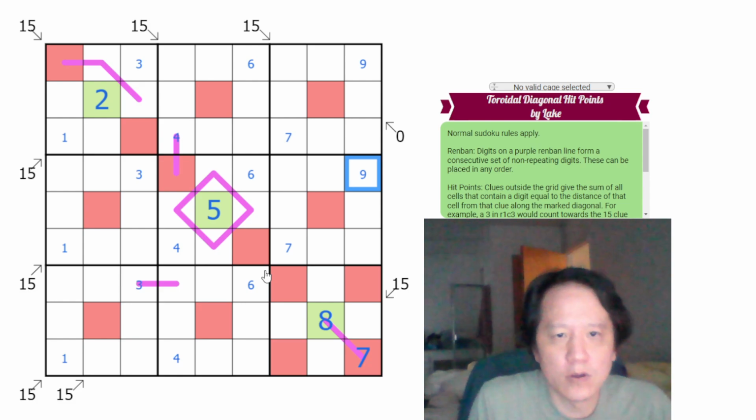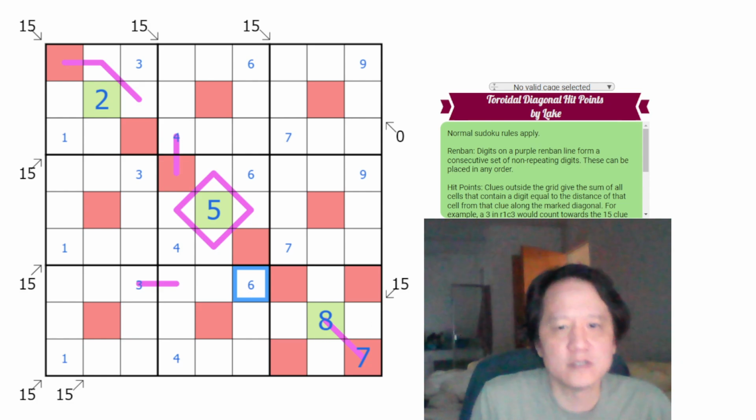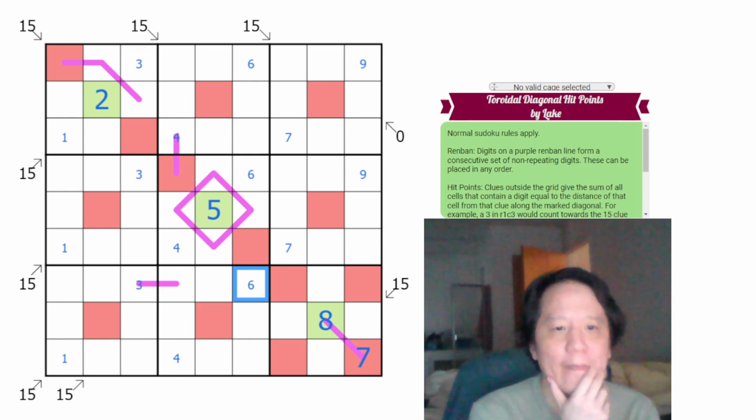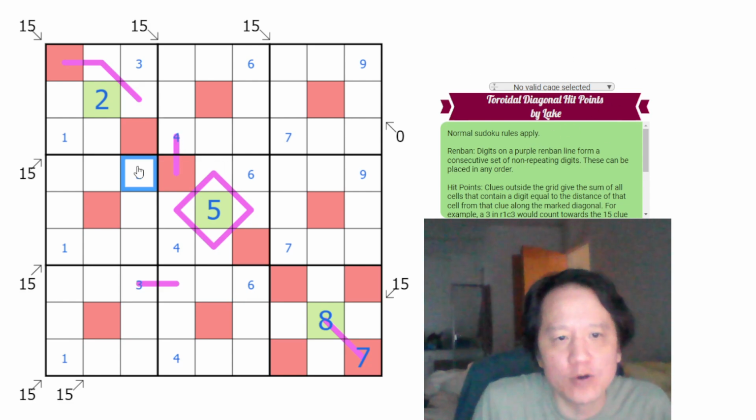Okay. So one of these two is 9. One of these two is 7. One of these 3 is 6. So if this is 4 and 3, this would have to be 5 or 3, neither of which is possible. So this cannot be 4 and 3.